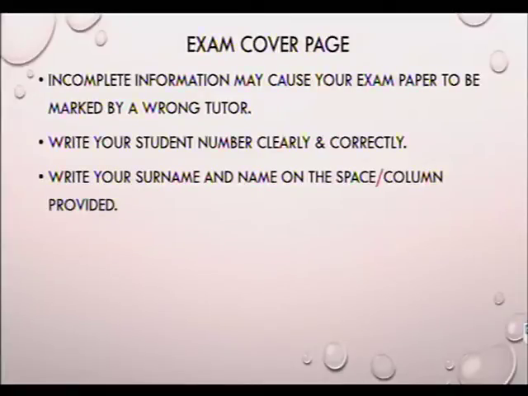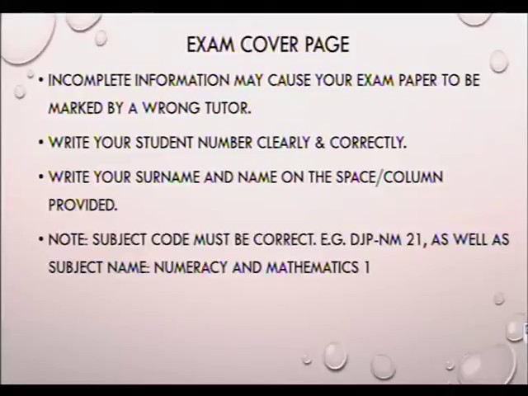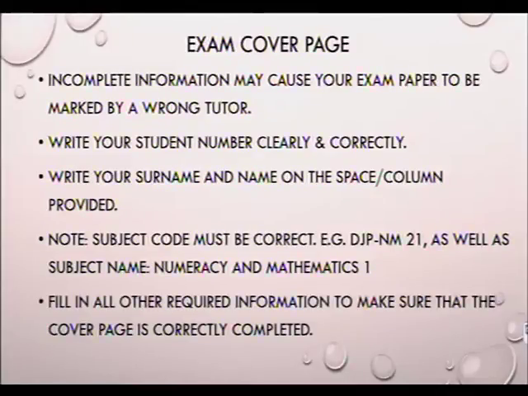Write your surname and name on the space or the column provided. Note, subject code must be correct. For example, DJP-NM21, as well as the subject name, numeracy and mathematics 1. Fill in all other required information to make sure that the cover page is correctly completed.